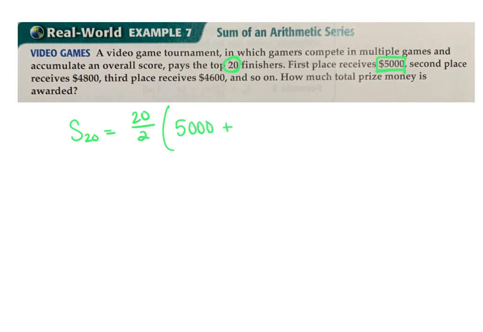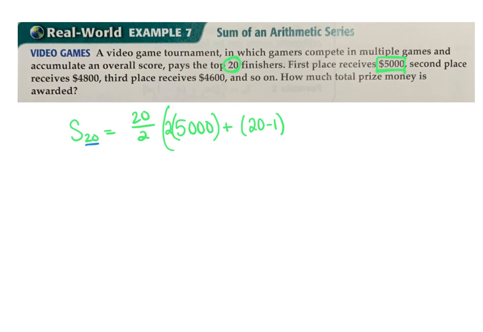What's my last prize? My last prize, we don't know, right? So we're actually going to use that formula where we double our a sub 1, a sub 1 plus my n minus 1 times d, all right? N minus 1, what's my n again? 20. So plus my n minus 1, so 20 minus 1, or 19.